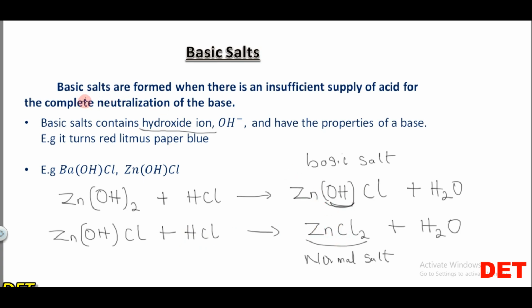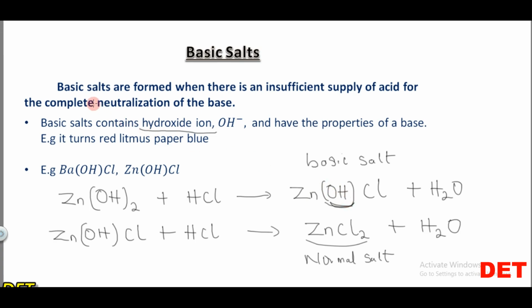It's very important that you know what basic salts are. Again, basic salts are salts formed when there is an insufficient supply of an acid for the complete neutralization of a base. So this reaction is not a complete neutralization reaction. You know why? Because we still have the presence of OH in this salt.